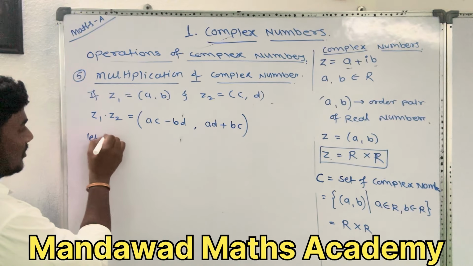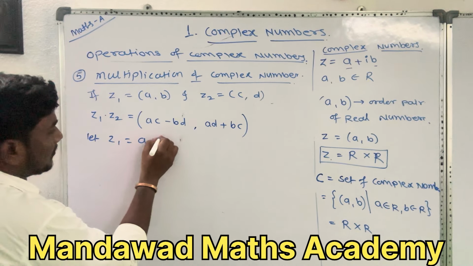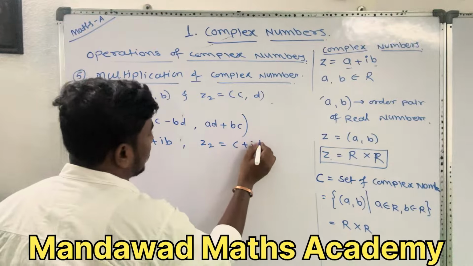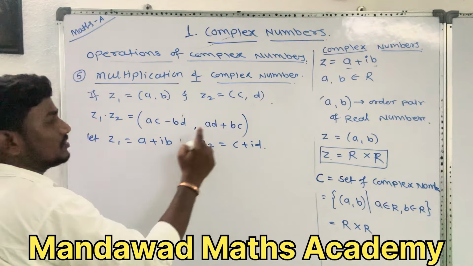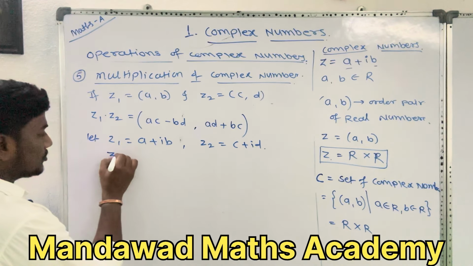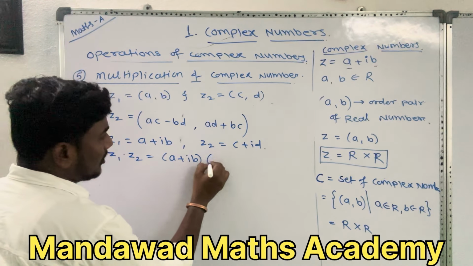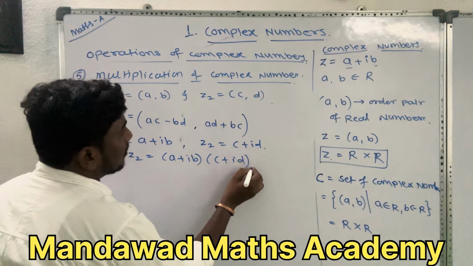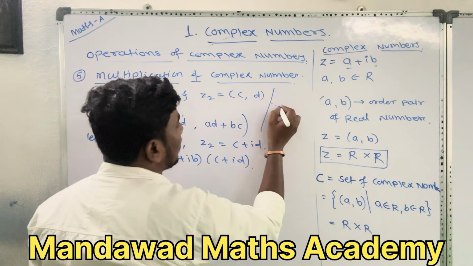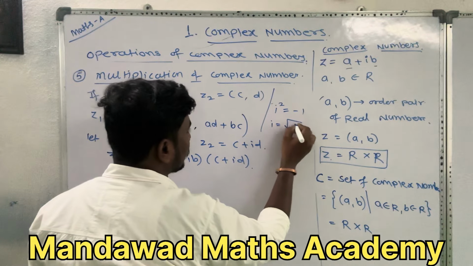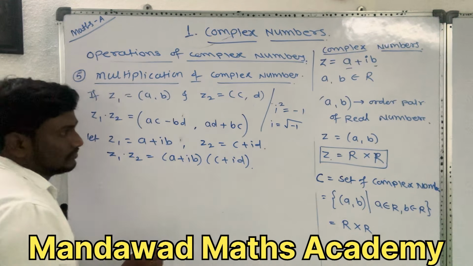Let us consider Z1 is equal to A plus IB and Z2 is equal to C plus ID. Let's prove Z1 into Z2 equals this one. So Z1 into Z2 can be written as A plus IB into C plus ID. Remember here, I square is equal to minus 1, I equals root minus 1.